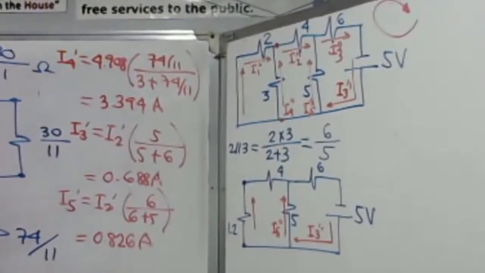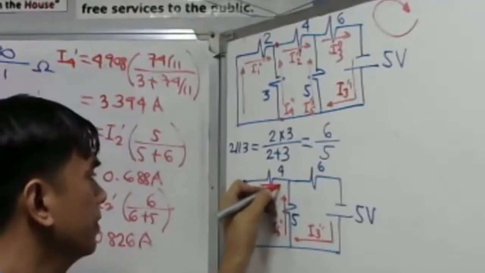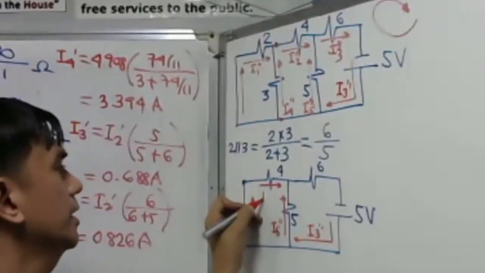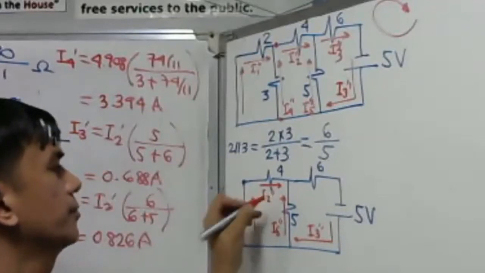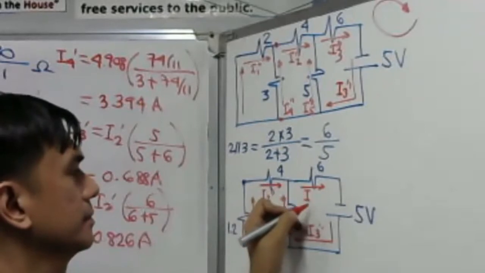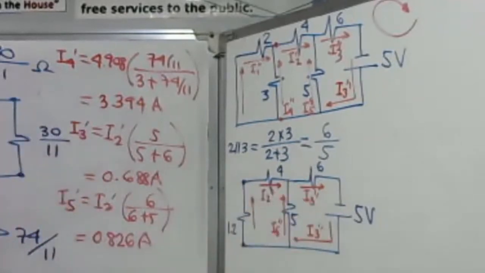By the way, this is the current flowing through I2, this is our I2 double prime. Take a look, this is circuit analysis. This is I3 triple double prime also, right?